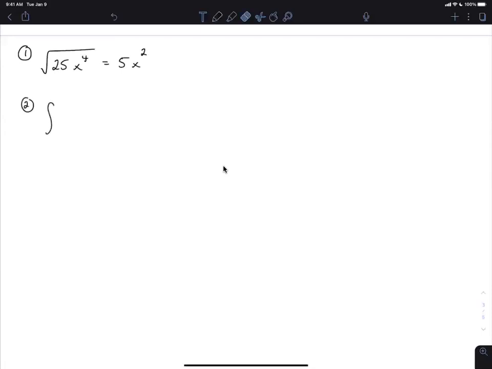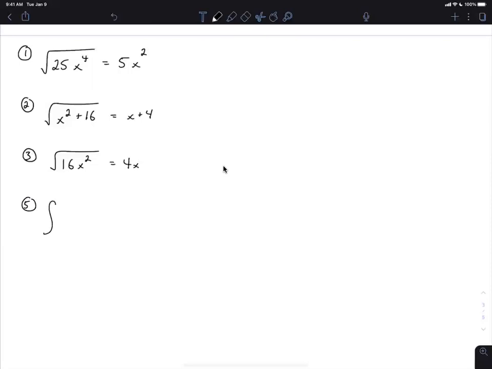Nope, not integral. Man, I keep writing integral. Definitely don't need integrals on this.